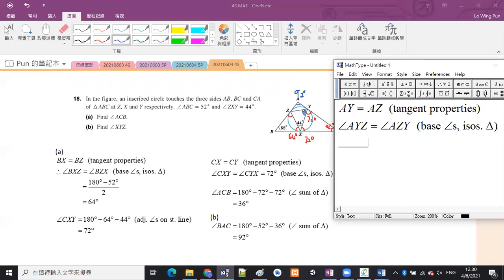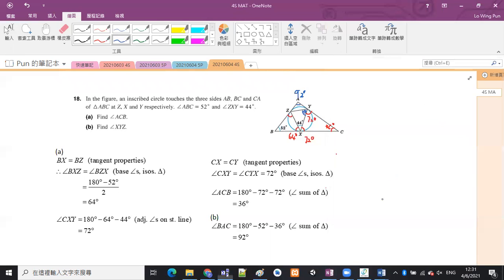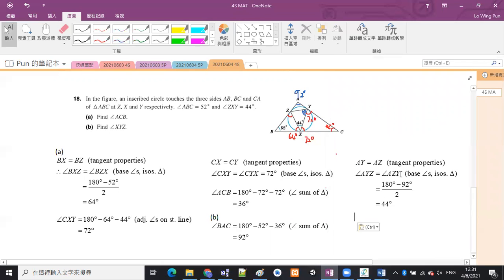And they are both equal to 180 degrees minus 92 degrees divided by 2. Should be 44 degrees. Okay, so I just found that this angle is 44 degrees. This is 44.